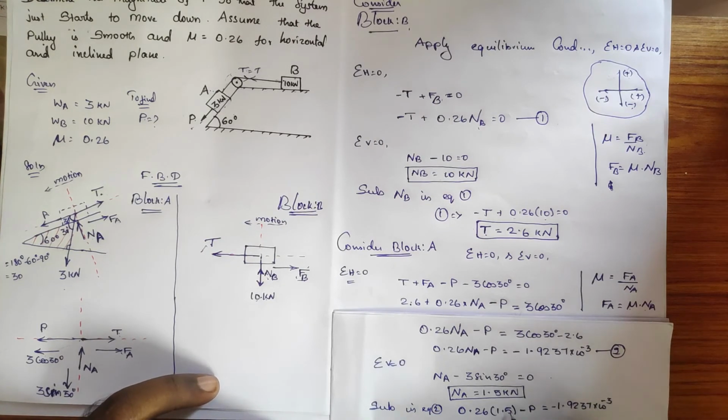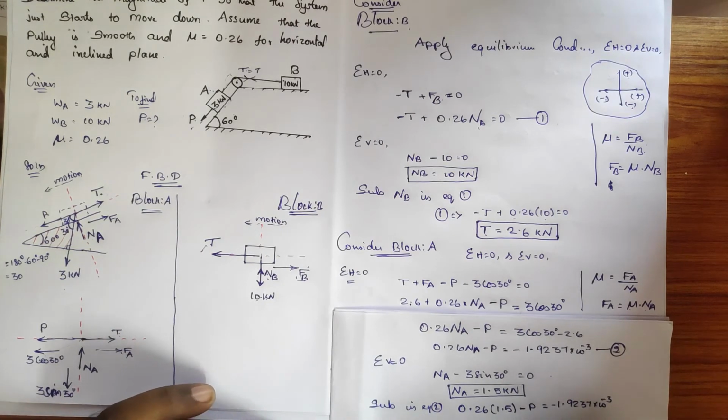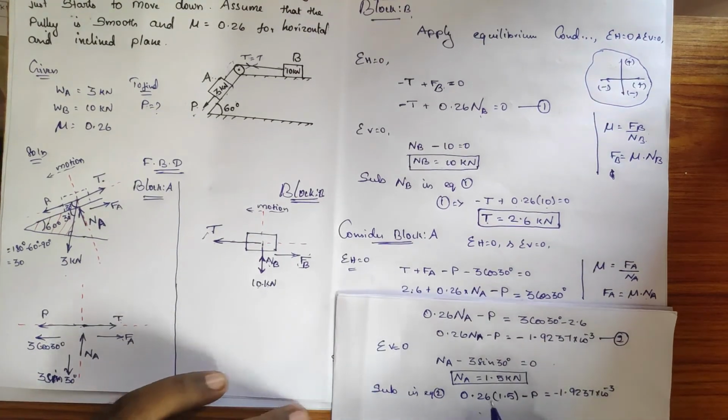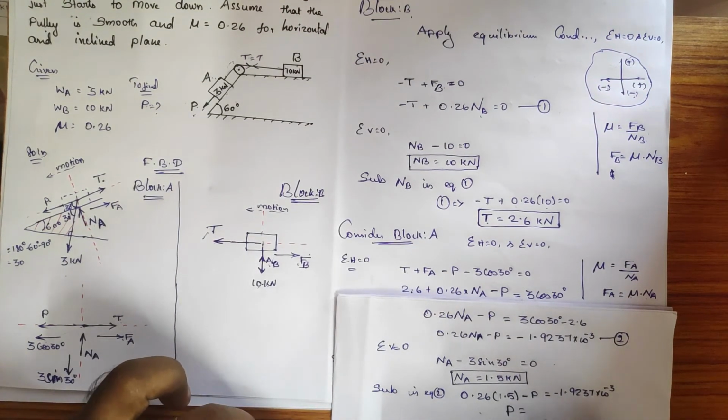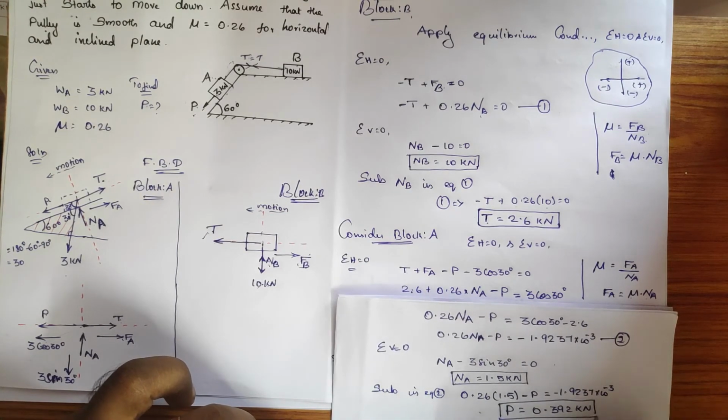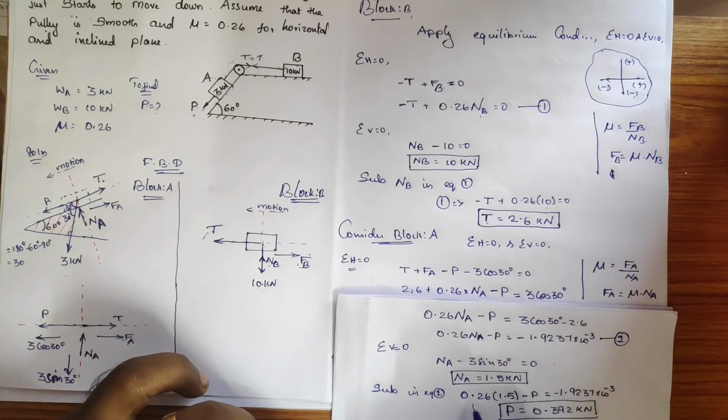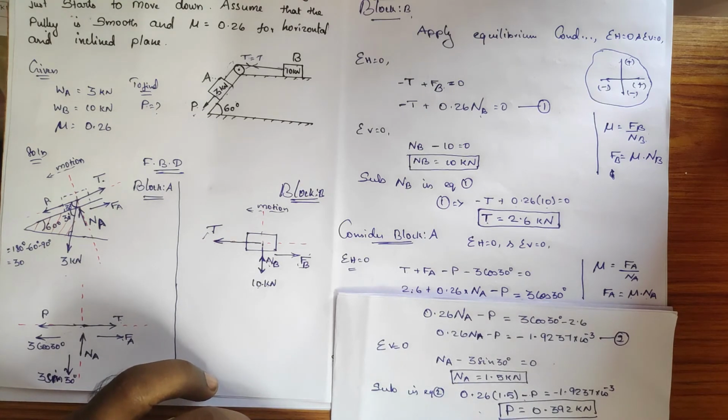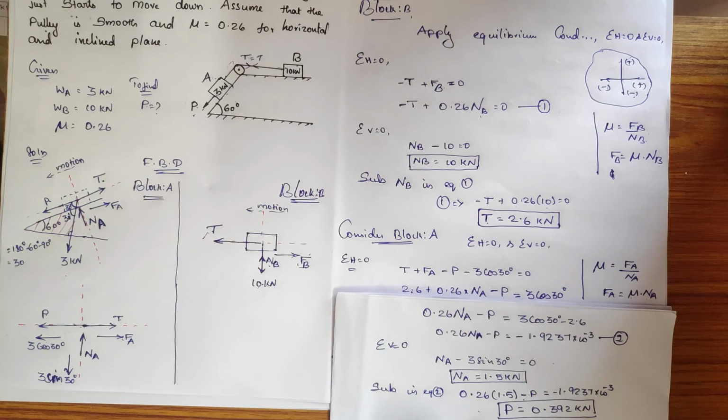When you are simplifying it, you will get the answer for P. I can say P is equal to 0.392 kilonewton. When you are simplifying it, take this P to the other side, so it will be positive, and bring it to the other side, so it will be positive. So if you put 0.26 into 1.5 plus 1.9237 into 10 to the power minus 3, you will get the answer as 0.392 kilonewton. Okay, so I hope you understood.